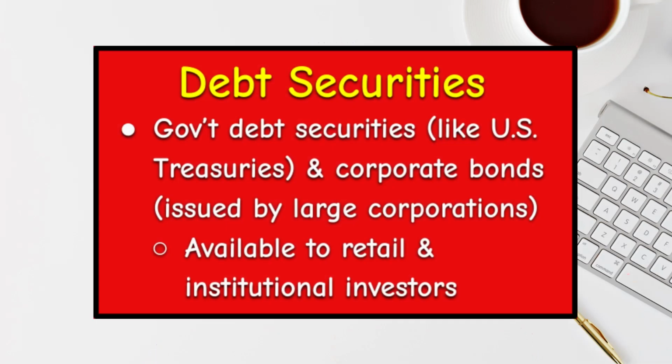Government debt securities, like those issued by the United States Department of Treasury, and corporate bonds issued by large corporations, are both available to institutional and retail investors. Typically, these bonds are denominated in increments, with government debt ranging from as low as $25, like those savings bonds your grandparents may have bought you when you were born, all the way up to $100,000 or more, while corporate bonds are typically denominated in $1,000 or $5,000 increments.